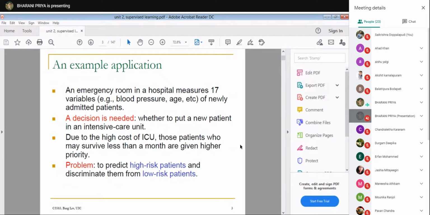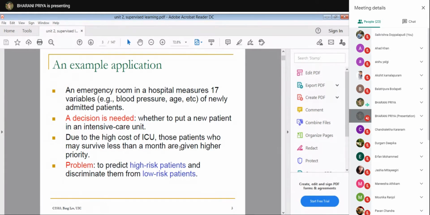There are too many COVID patients and all of them cannot be accommodated in the ICUs. Based on attribute values like pulse level, breathing levels, or BP levels, the patients are placed in ICUs.